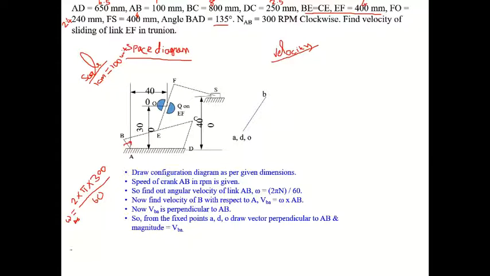After getting this answer, we have to find out VAB. VAB means VB, we can say VAB or VB. So omega AB into the length of AB. From the question, what is the length of AB? Length of AB is 100 mm. 100 mm means 0.1 meter.